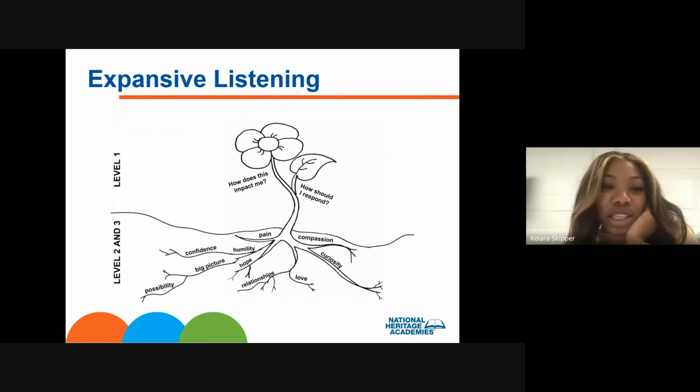I think when I look at the image, level 2 and 3 just makes me think about great leadership, and being open-minded and relatable, to be able to display some of these things that's listed under level 2 and 3.